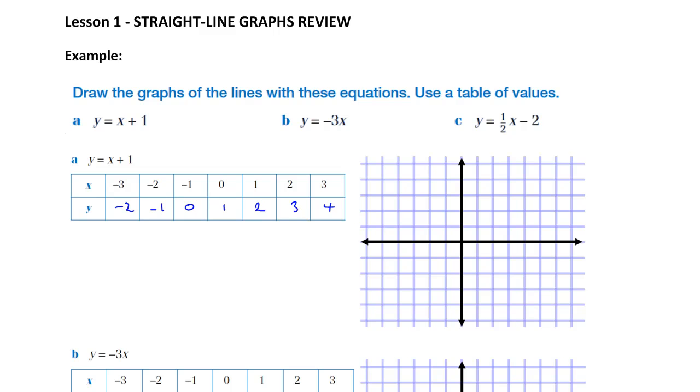Now each of these values here, these are called pairs. I'll just put a circle around a few of them. These are called ordered pairs, and we can plot these on the xy axis to the right. So let's have a look at, first of all, labeling the axes correctly. We need to label this one as x and this one as y.